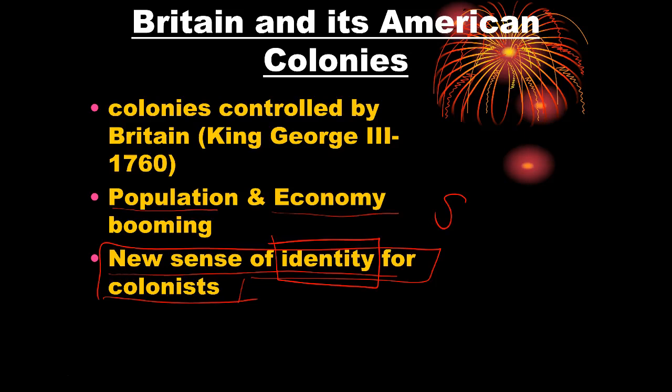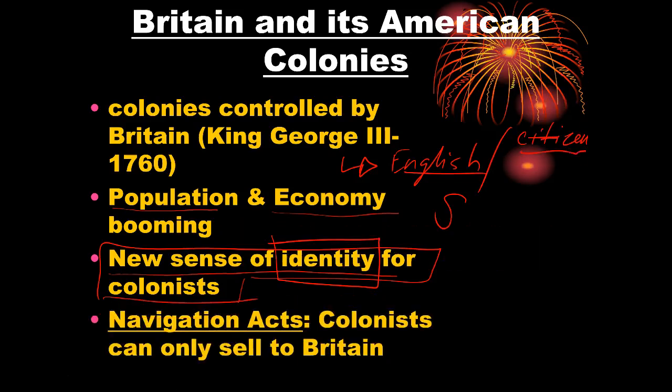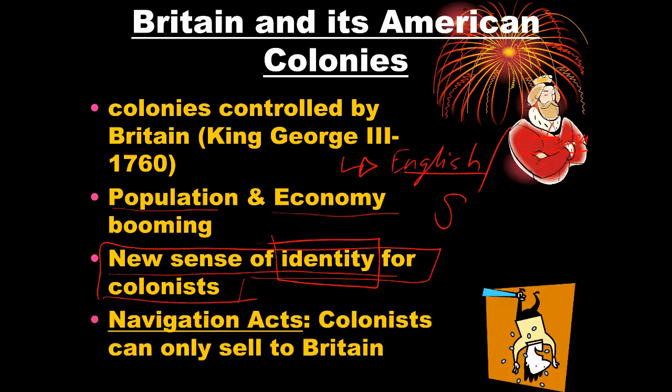It's also true to say that the American colonies were absolutely, positively English, and the people who inhabited those English colonies were English citizens, right? And so when we're talking about English citizens, we're talking about the rights and freedoms of an English person and the English Bill of Rights.